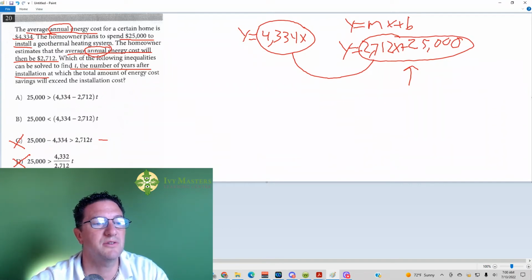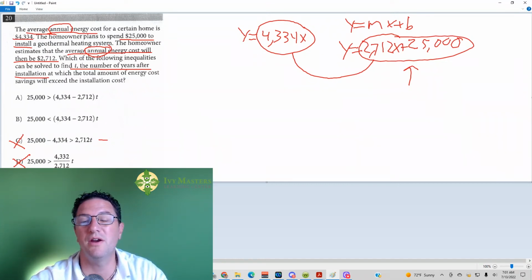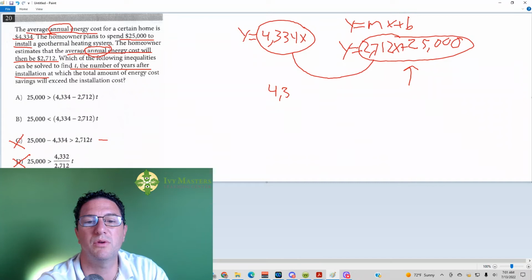Then answer choices A and B are identical with the signs facing the opposite way, so we need to go there. First off, let's say you're just doing an equality: 4,334x equals 2,712x plus 25,000.